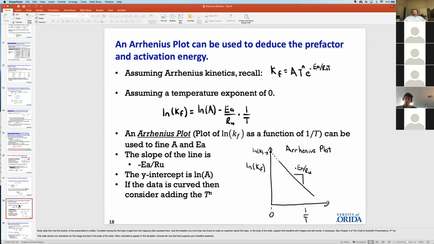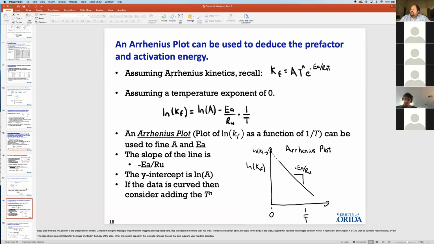Now we have Kf. Now how do we find the Arrhenius parameters? Well, the traditional way to do it is to make what's called an Arrhenius plot. And so this can be used to deduce the prefactor and the activation energy.